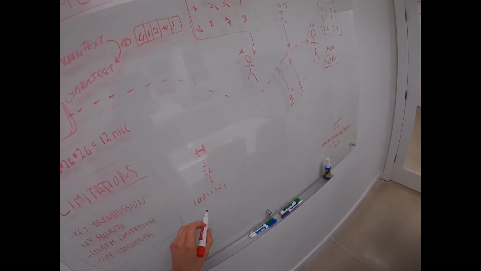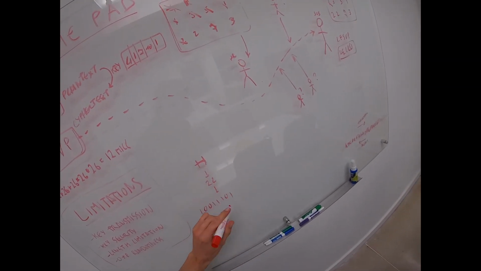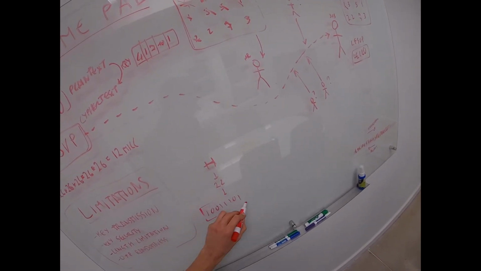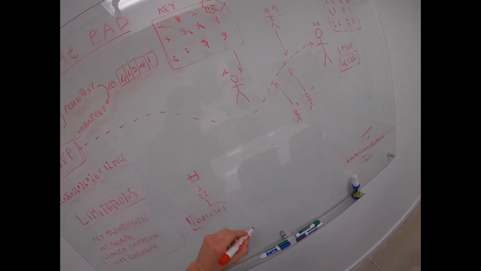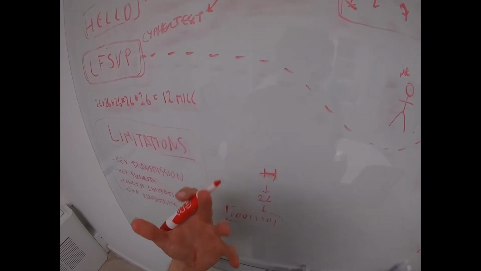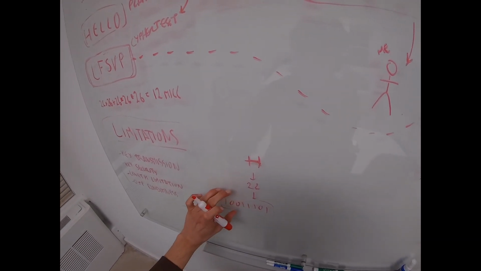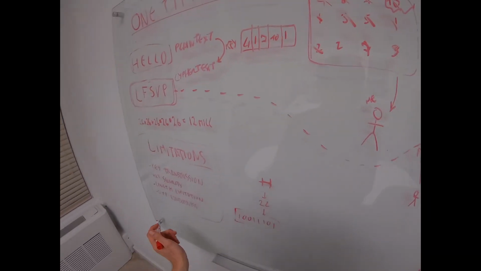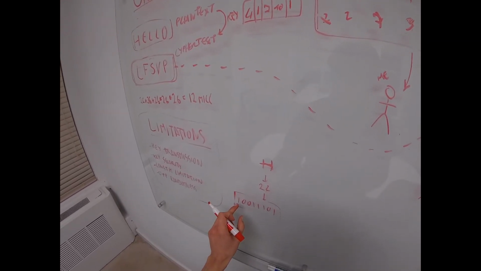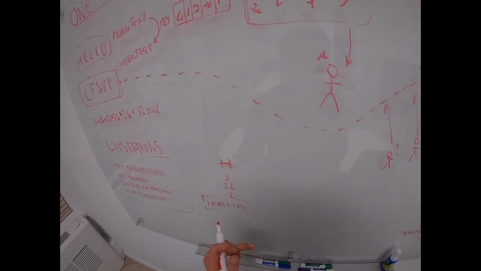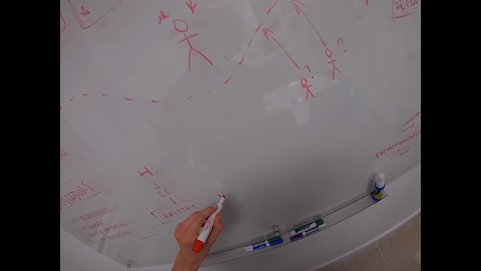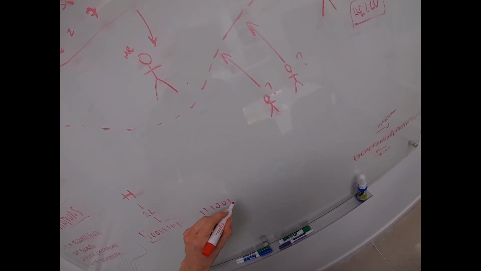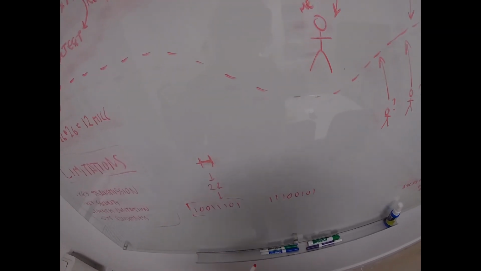So this can be the plain text, and this is how computers treat data. They put it down in bits, and then they get a key of the same length. Let's say a key of 8 bits.